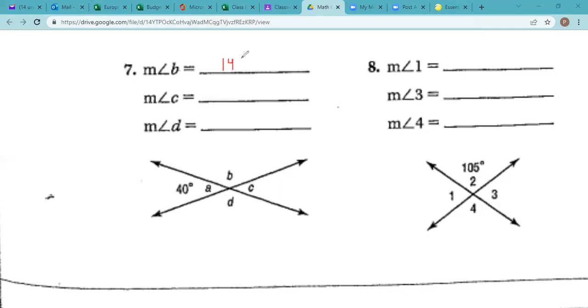Your answer to C is exactly the same as your angle A, which is 40 degrees. And if angle B is 140 degrees, that means automatically the angle D is going to be the same answer, so 140 degrees. You'll put your little degree signs on all of these.